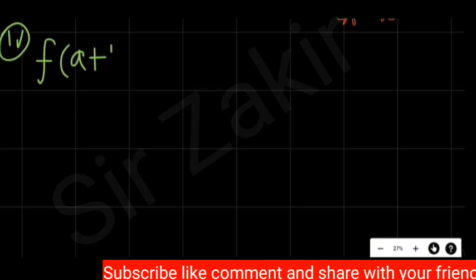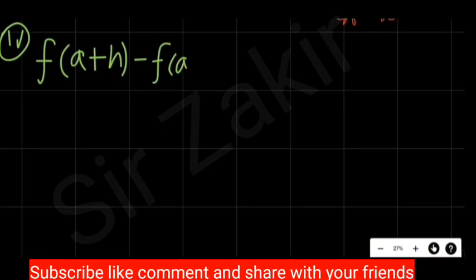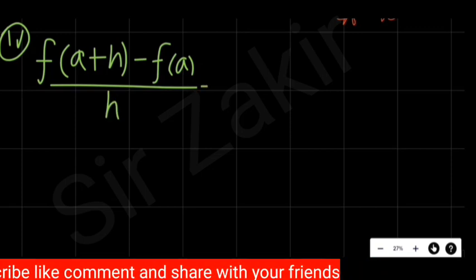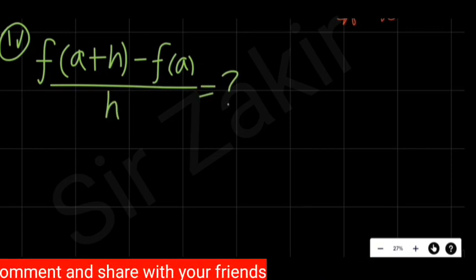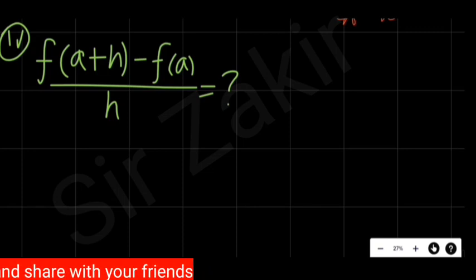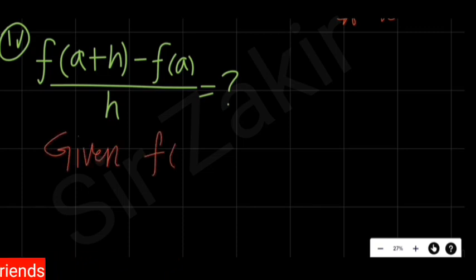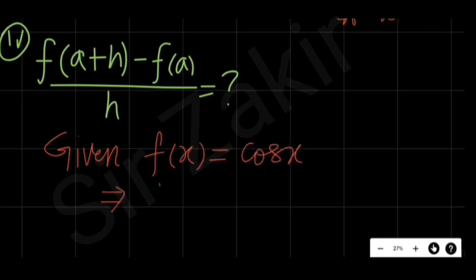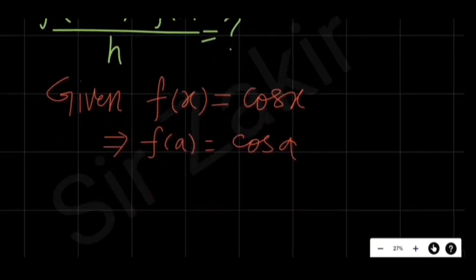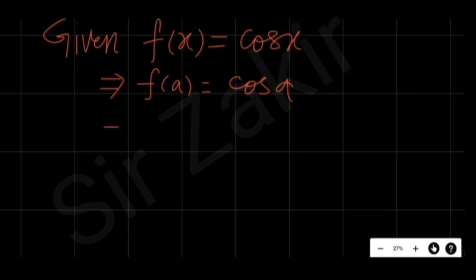Last one, f of a plus h minus f of a divided by h. Value of this function is required. And this time, given function is cos x. And the same way we first convert it into f of a is cos a. Also, it takes the form f of a plus h when x is replaced by a plus h.